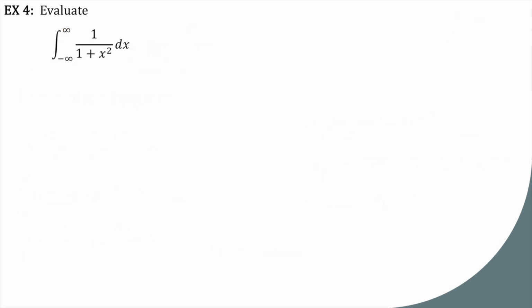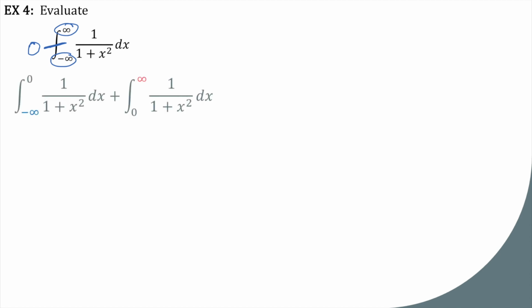Okay, so now we're getting into where both of the bounds are improper. So we're going to have to break this guy up, and usually an easy spot to break it is at 0. So now we're going negative infinity to 0 of 1 over 1 plus x squared, and 0 to infinity of 1 over 1 plus x squared.